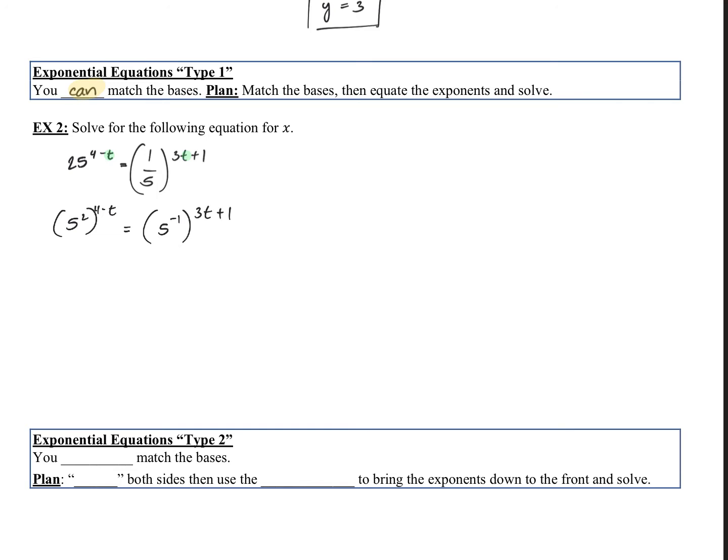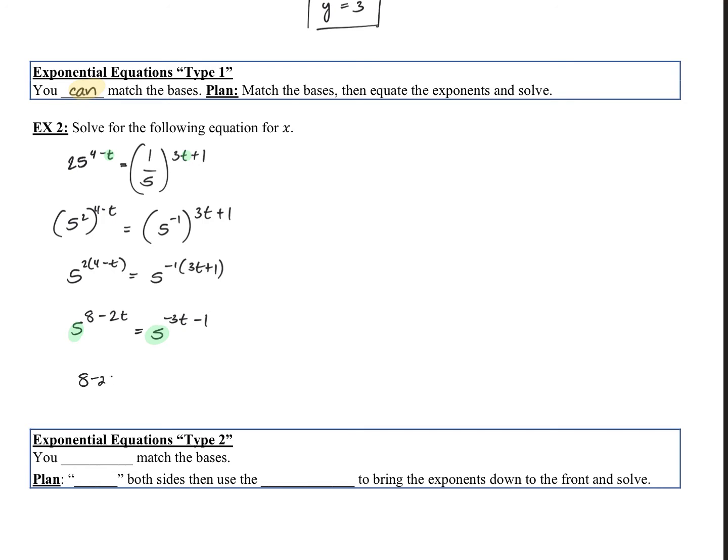Let's go ahead and use the power to power rule for these. So that would be 5 to the 2 times 4 minus t equals 5 to the negative 1 times 3t plus 1. We'll go ahead and distribute for those powers. And we'll get 5 to the 8 minus 2t equals 5 to the negative 3t minus 1. Now notice the bases are the same, which means we can use the equating rule and just equate the exponents.